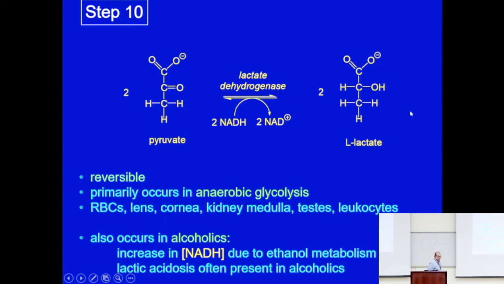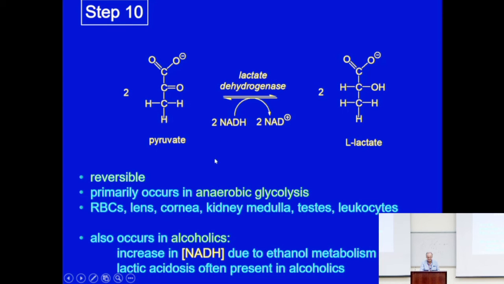There's a third condition that has to do with alcoholics and alcohol abuse, is that alcohol metabolism produces NADH as a byproduct. Alcohol dehydrogenase and acetaldehyde dehydrogenase both produce NADH.